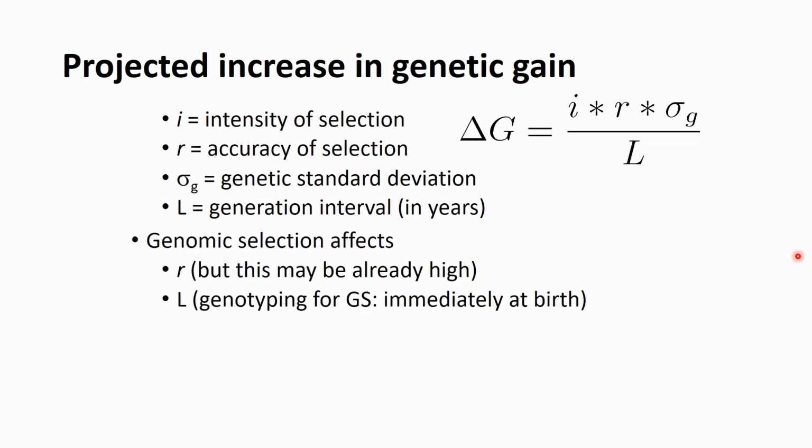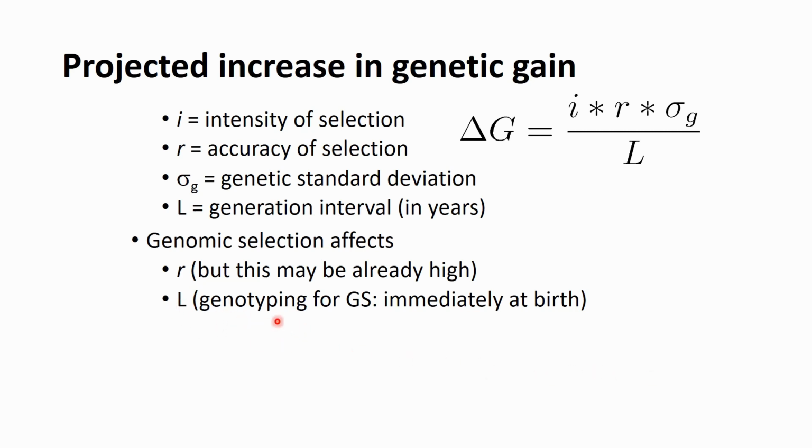The genomic selection itself affects two things. First is the accuracy of the selection. This could be both a positive and negative effect, but it is a relatively minor one because the accuracy is relatively high already. But the major thing, as I underlined also in one of the previous slides, is the generation interval.